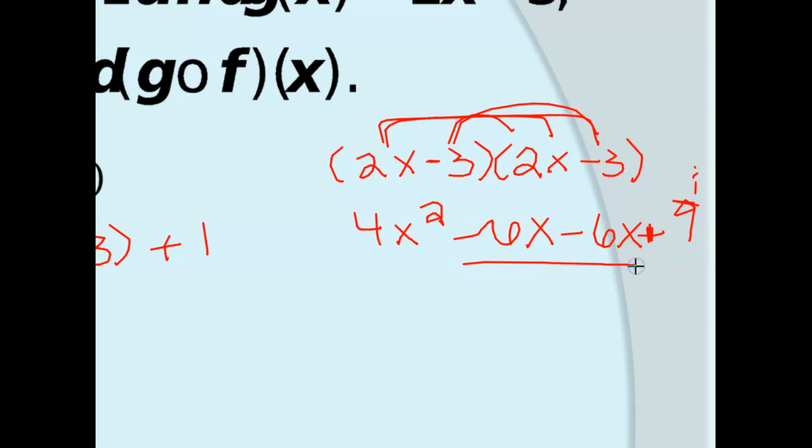Combine like terms in the middle. And then bring it back.